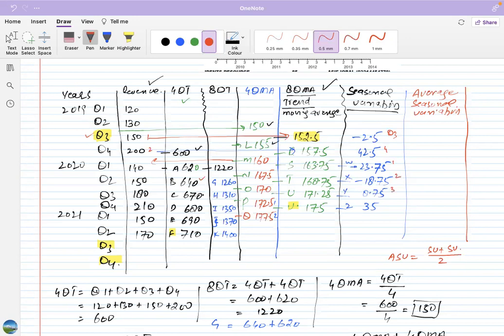So we'll take those values. That is minus 2.5 plus 8.75 divided by 2. The answer would be 3.125. And that will be the average seasonal variation for every quarter 3.